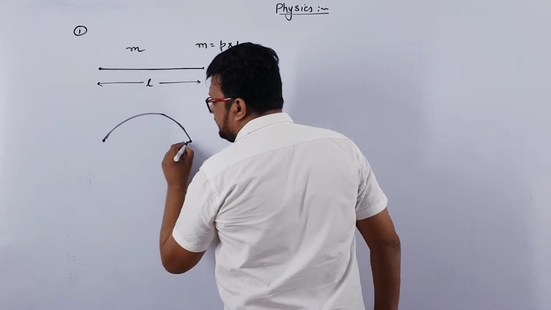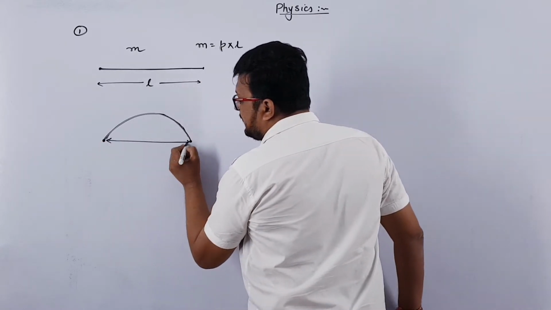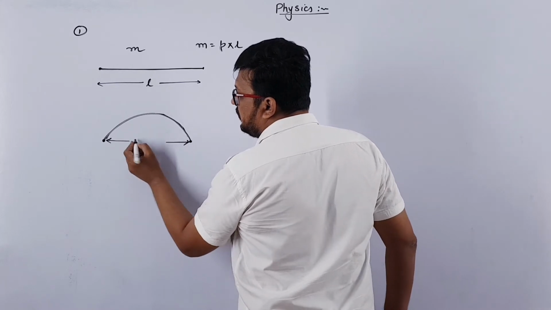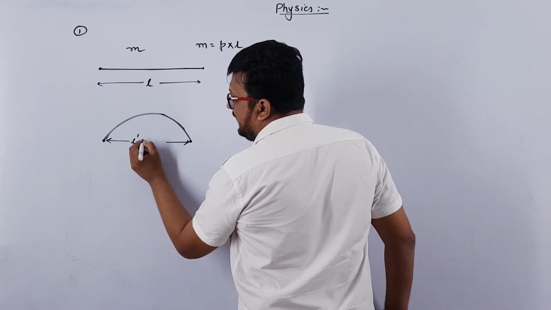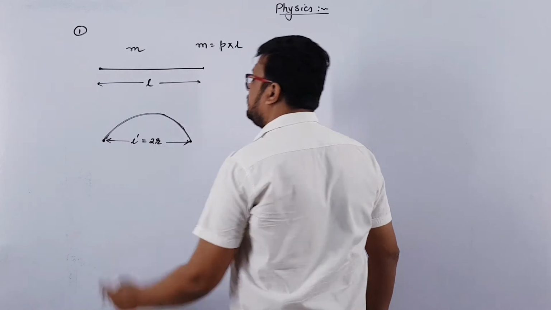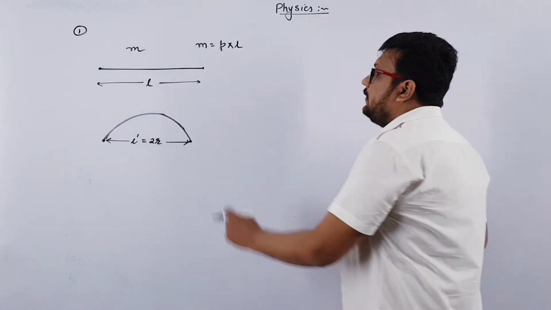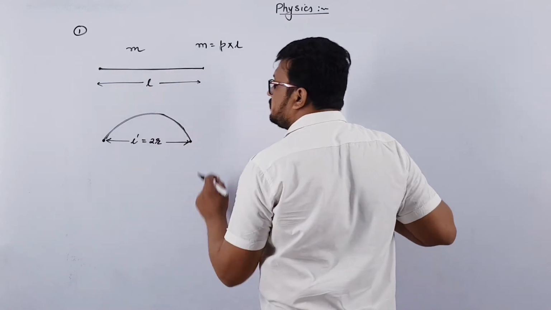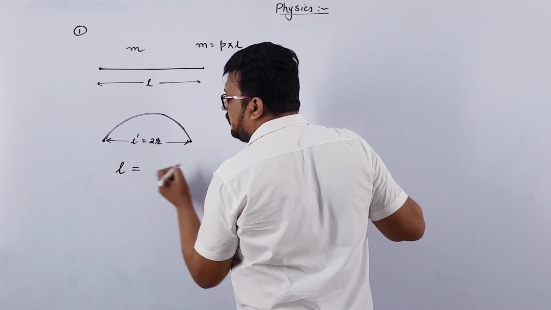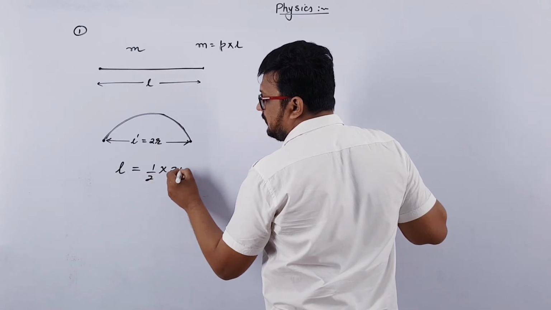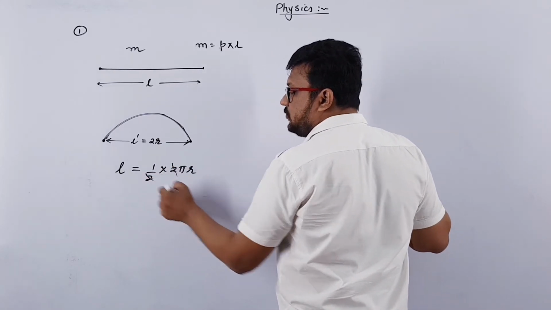So what will be this length? Can we say that this length will be nothing but the diameter? So here length L dash will be equal to 2R. How to find this L dash? Here the rod is the same only, so the length of the rod will be equal to half of the circumference because it is a semicircle.